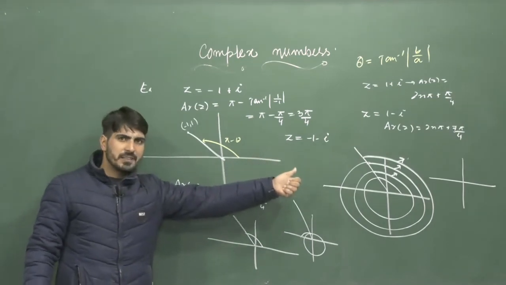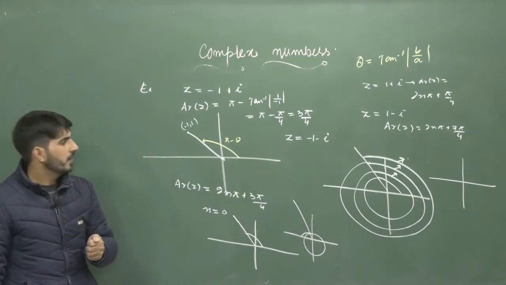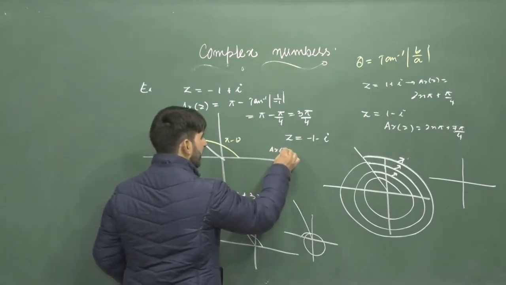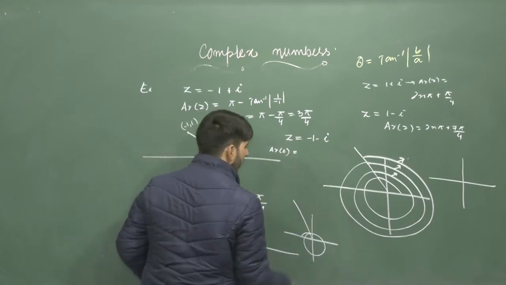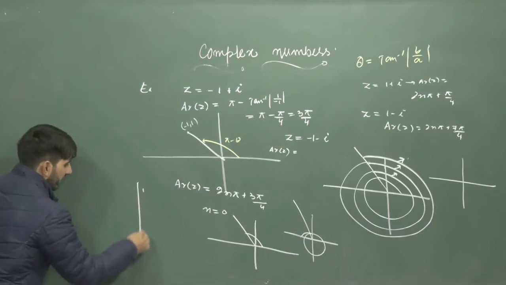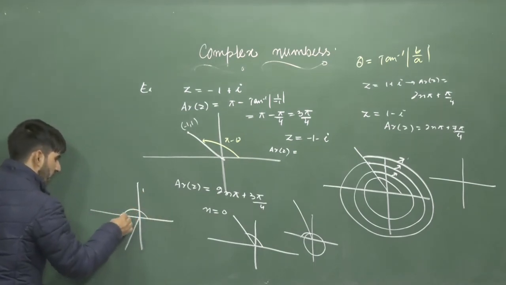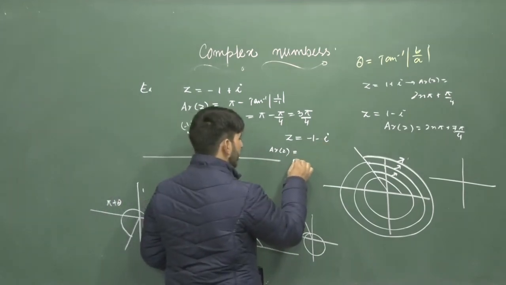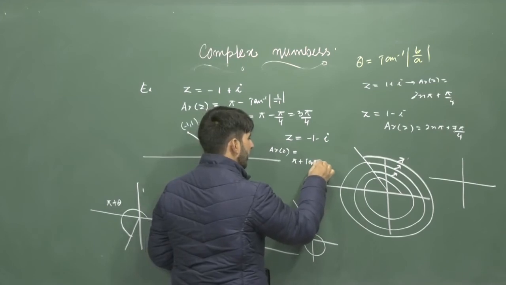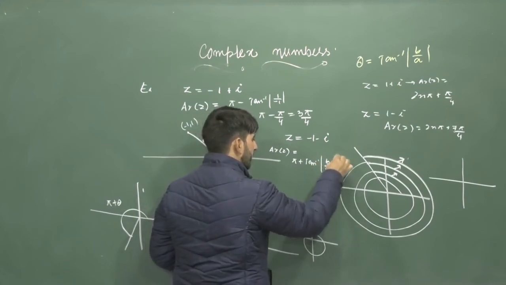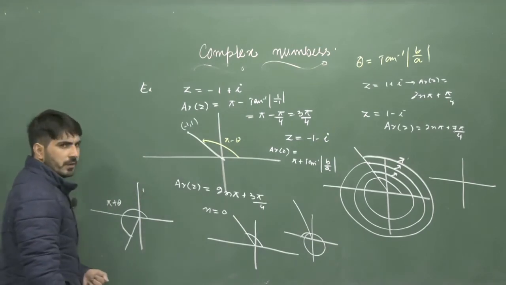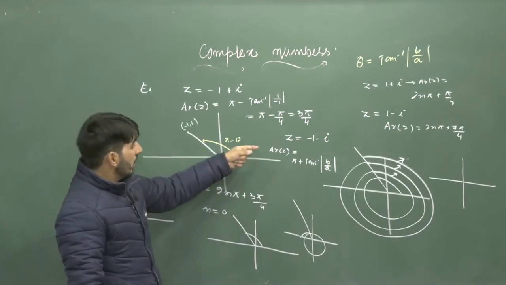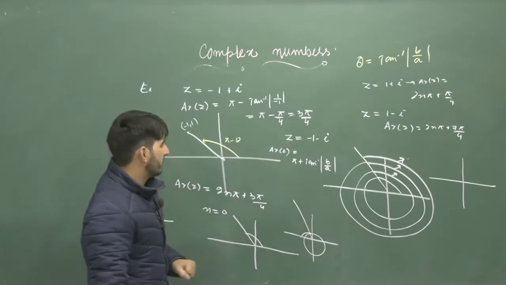This complex number lies in the third quadrant, (-1, -1). In the third quadrant, the argument is π + θ, so the argument is π + tan⁻¹ of |b/a|. You can calculate the argument by adding 2nπ at last.